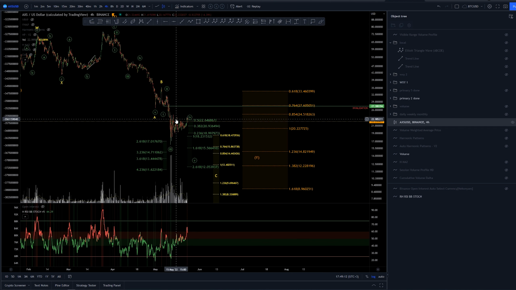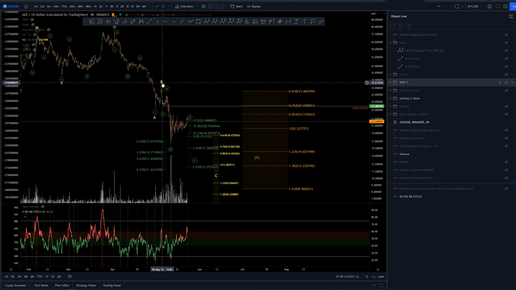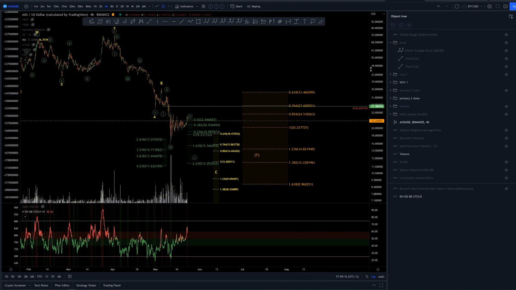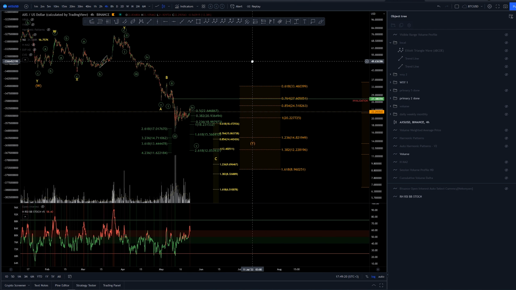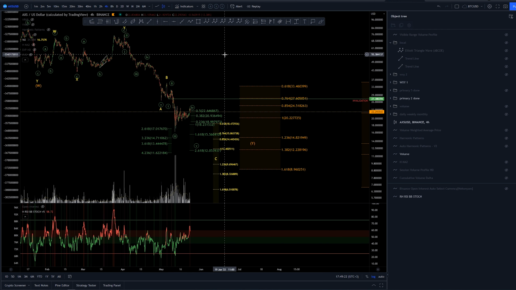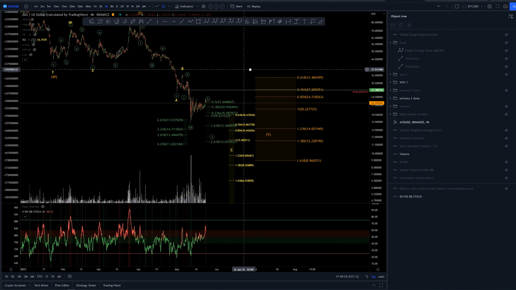Now this wave 4 has been taking more time than the wave B of a higher degree, which makes this a bit more wonky looking as a structure on its own. It is not invalid or anything, but it just doesn't have the right look anymore.